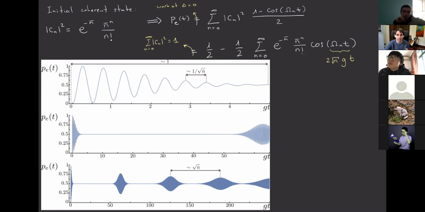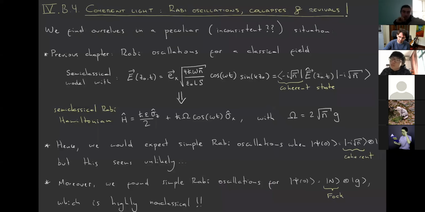And that's precisely the Rabi frequency that you expect for a coherent state. In the semi-classical model, the Rabi frequency is exactly the one associated to the average of the field, or just the amplitude of the field.